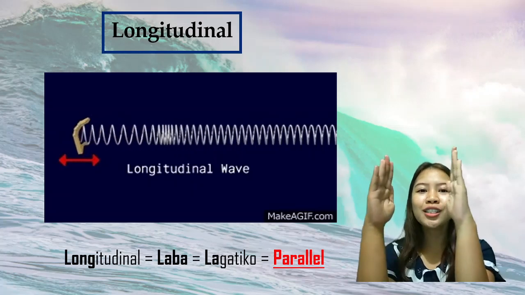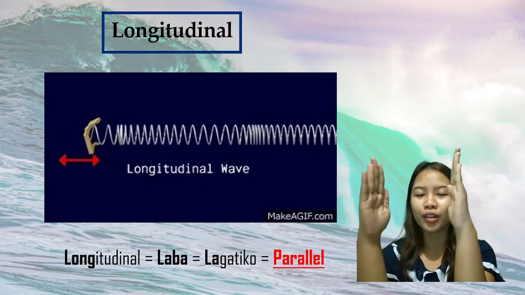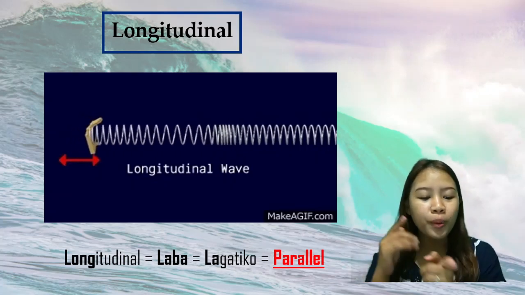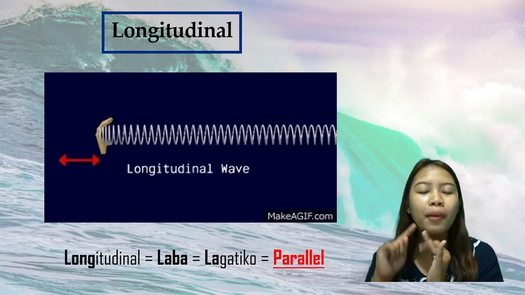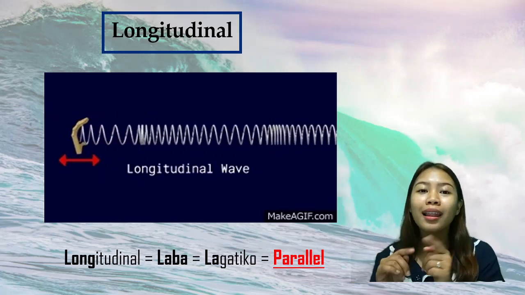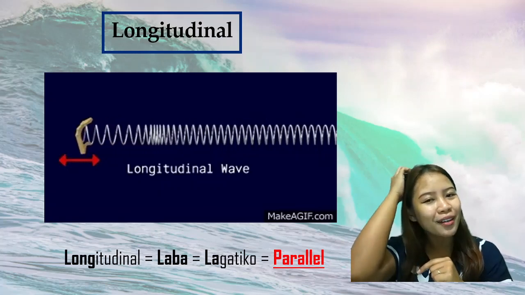So, my hands are parallel to each other. So, amo man na siya si longitudinal wave. Long, laba, lagatiko, puro L. Okay? So, parallel. Okay, so amo na siya tandaan.